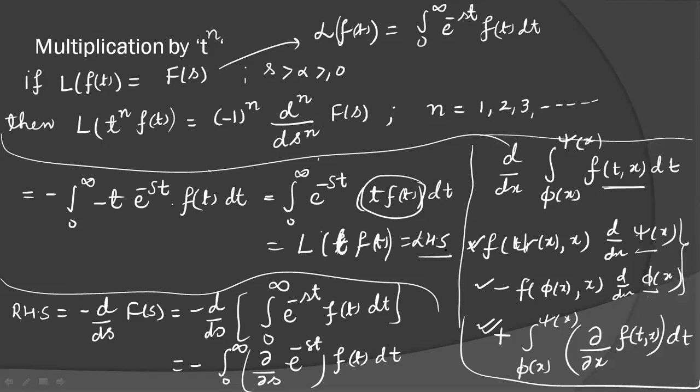Let's see one example based on this result. This is a very useful property. Suppose you want to find the Laplace transform of t sin 3t.